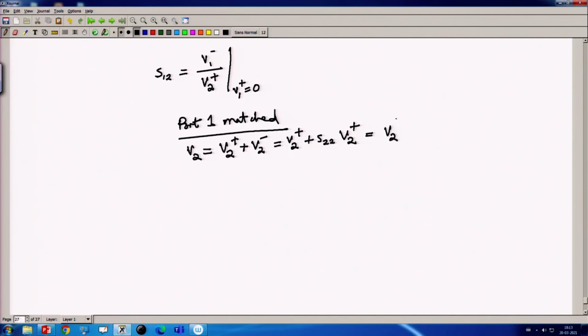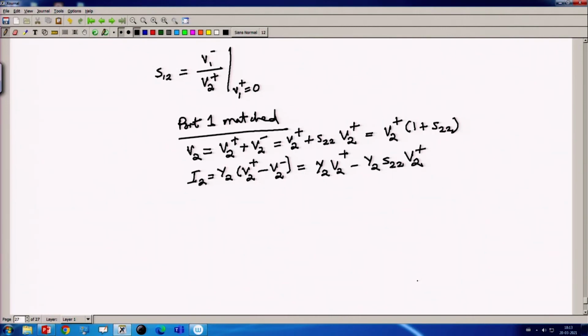That is V2 plus (1 plus S22), and I2 is Y2 (V2 plus minus V2 minus), and that is equal to Y2 V2 plus minus Y2 S22 V2 plus, that is Y2 V2 plus (1 minus S22).